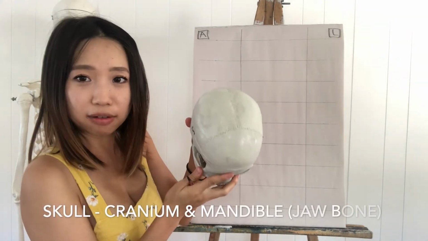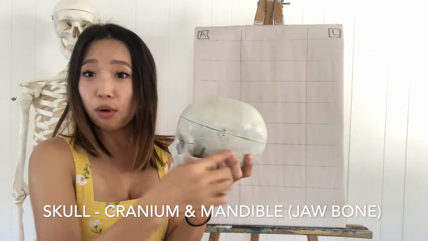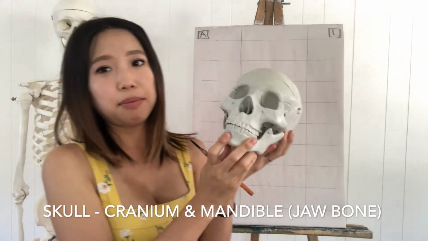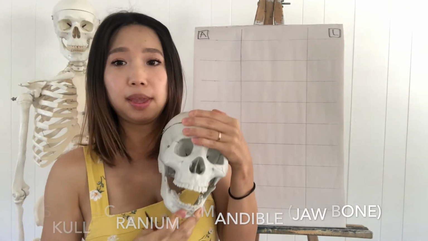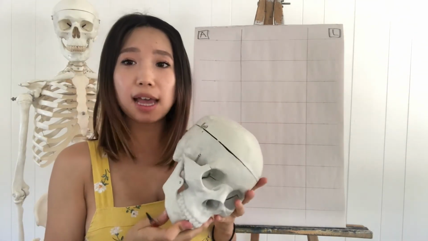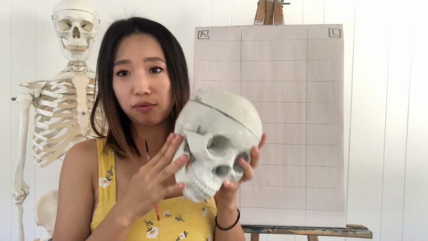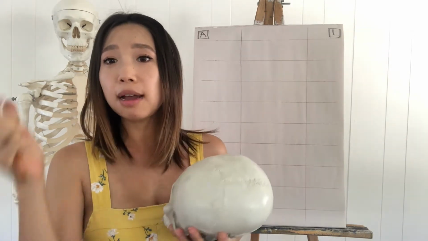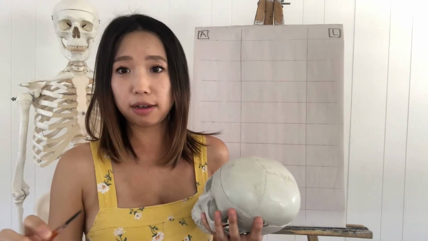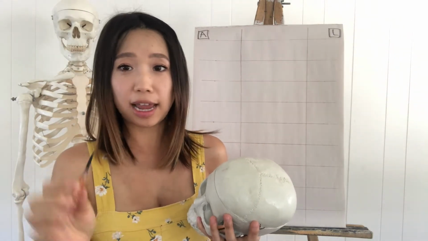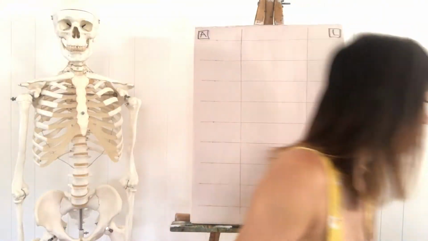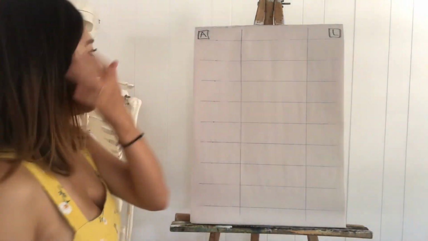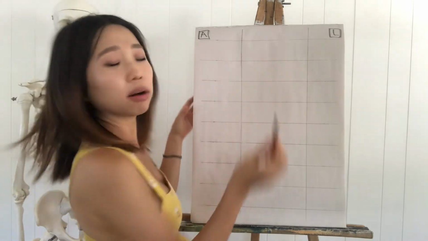Cranium is this round part of the head where it holds the brain, and also we have the mandible. Mandible is the jaw. We basically have 2 bone structures for the skull, and I've seen in figure drawing class a lot of people just create one oval shape that looks like an egg. But what you can do to make it a little more realistic is to make the 2 parts separated.